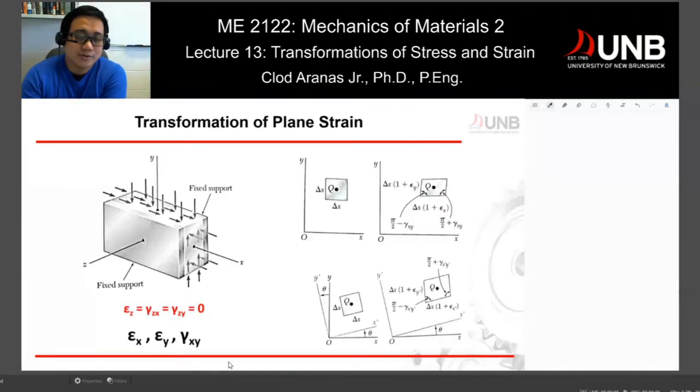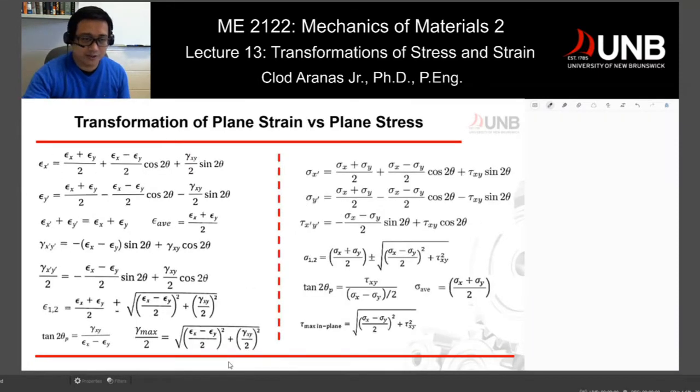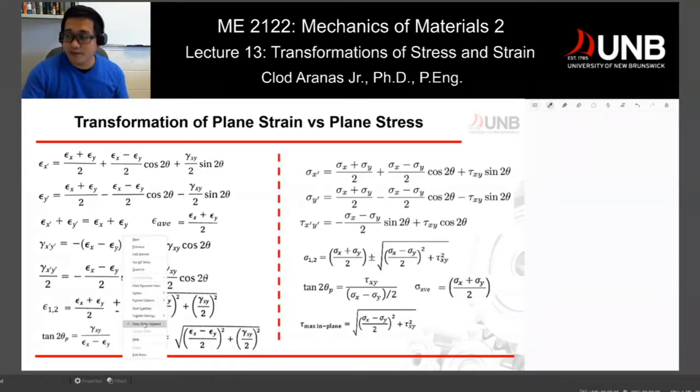So we discussed transformation of plane strain, which means that in stresses, we can calculate stresses at a certain rotated axis. And for strain, it's the same thing. We have transformation of strain equations, which are the following. So I can calculate what would be the equivalent strain at a certain rotated axis.